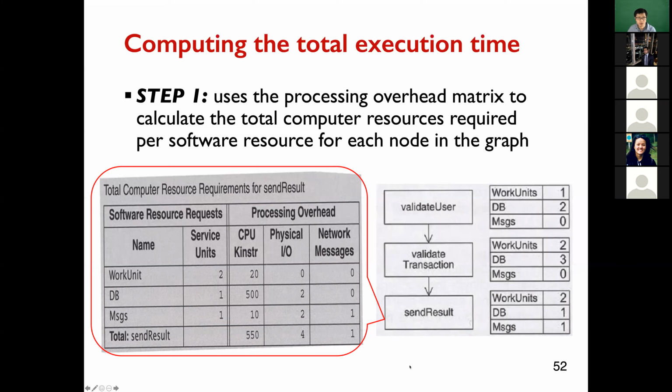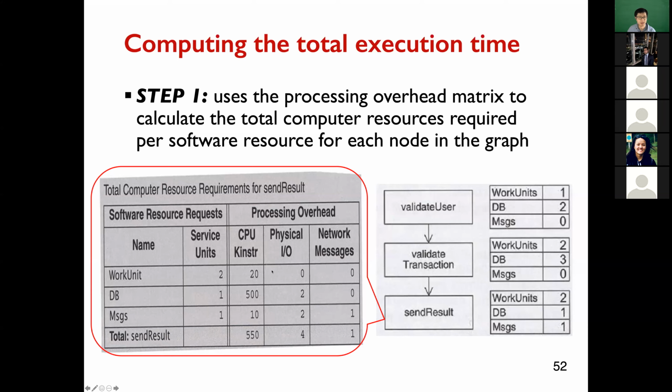So after we get this information, we can calculate in total for the send result step how many CPU instructions, how many physical IOs, how many network messages we need.